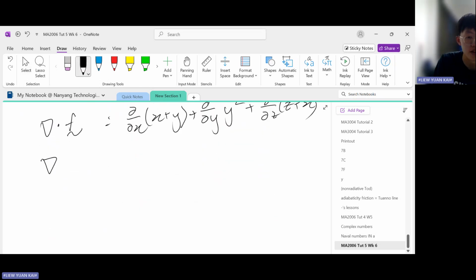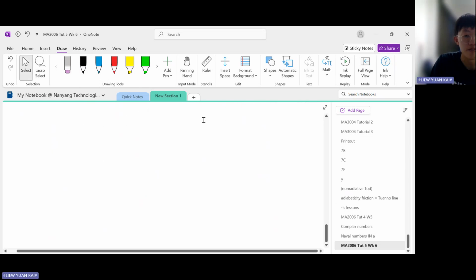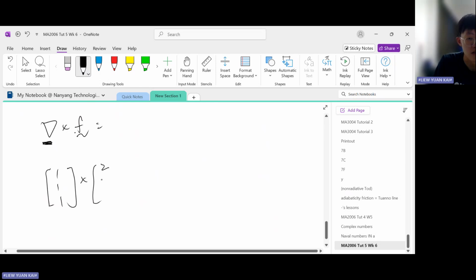And lastly, cross product. Okay, so suppose I have cross product. Remember you treat this as a vector too. So suppose I have 1, 1, 1 cross 2, 3, 1, something like that. To find the cross product of these two vectors, remember what you need to do is you must find the determinant of this.